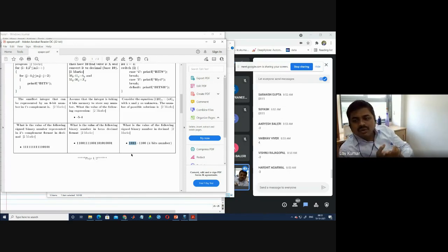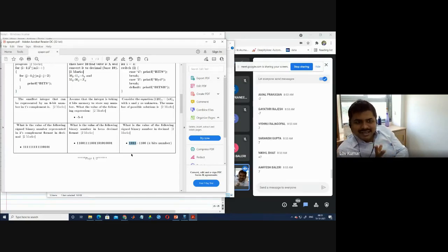And the decimal value of 1100 is minus 4. So minus 3 plus minus 4 gives minus 7. But when you use this summation, what value do you get as the output? 7. That is also one disadvantage of using sign magnitude.